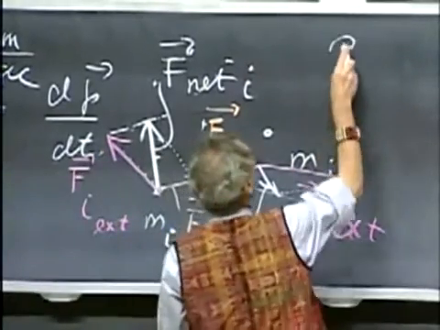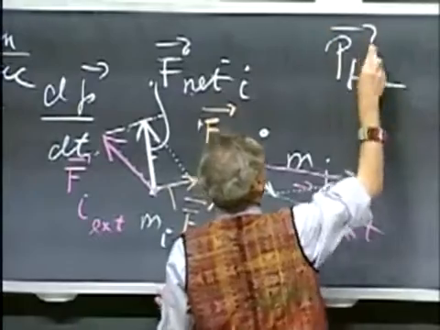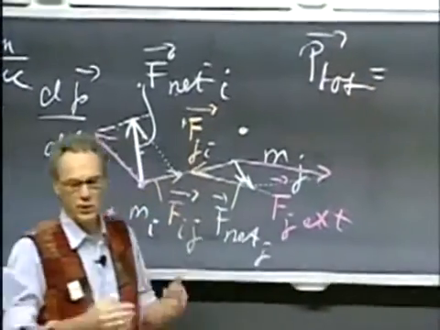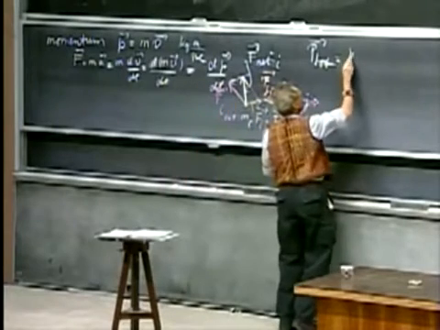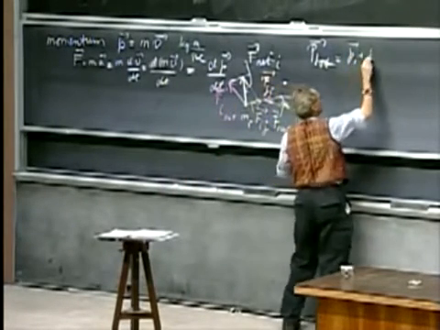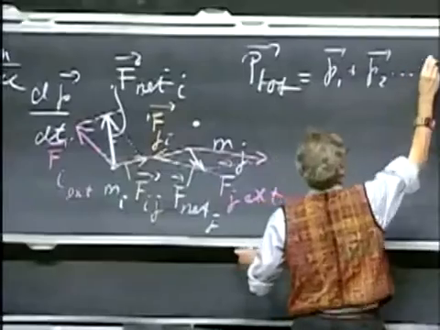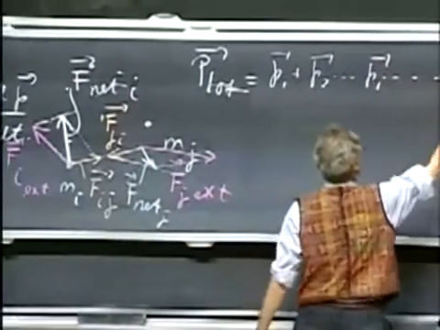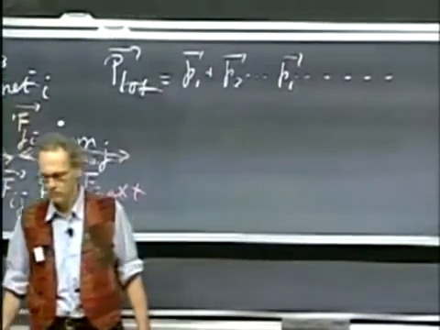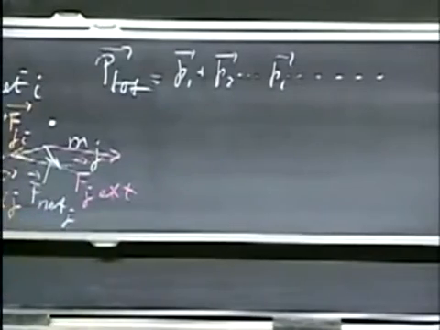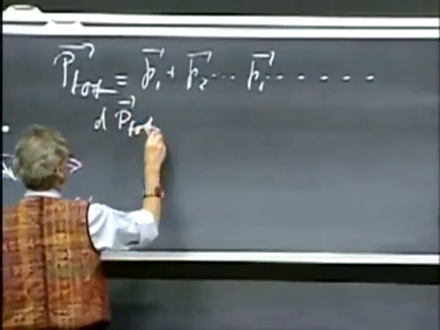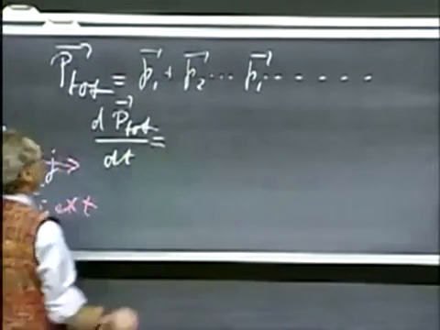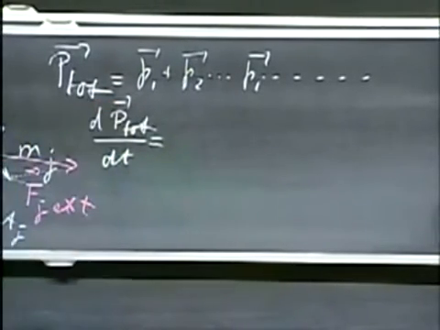What is the total momentum of these zillions of particles? Well, that's the sum of the individual momenta. So that is P1 plus P2 plus Pi, and you have to add them all up. I take the derivative of this, dP total/dt. That is dP1/dt. Well, that's the force on number 1.